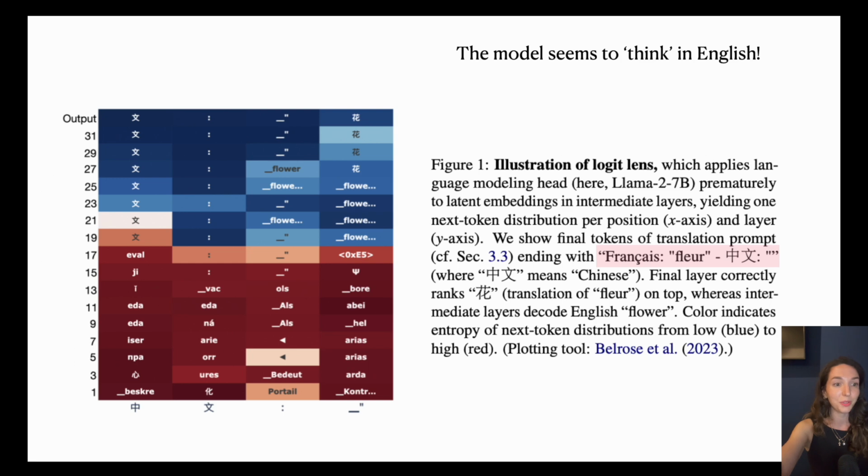And then if we actually look at these final couple of tokens, how the model changes their representation in order to finally perform the translation into Chinese, what you see is that around like this 19-ish to 23 layer, the double dot gets transformed at some point into the flower, and also the very last space also has at some point a flower representation before actually transitioning into the correct Chinese translation of flower.